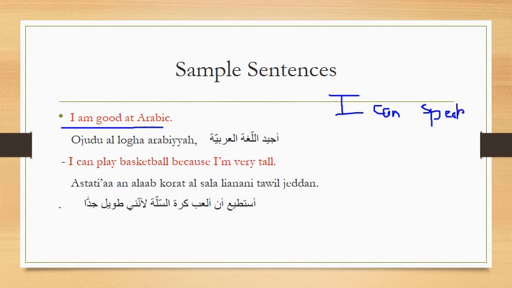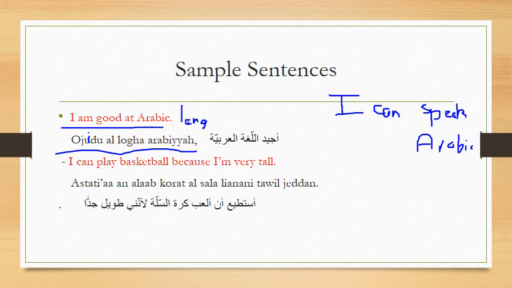I am good at Arabic. I am is أجيد. Okay, أجيد what? العربية. أجيد اللغة العربية. اللغة, you may say I am good at Arabic language. So أجيد اللغة العربية.